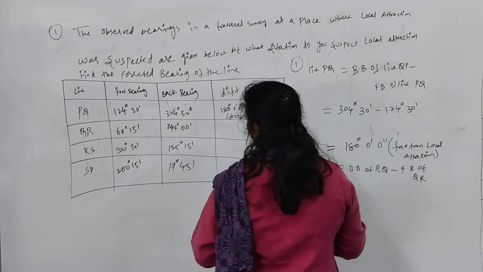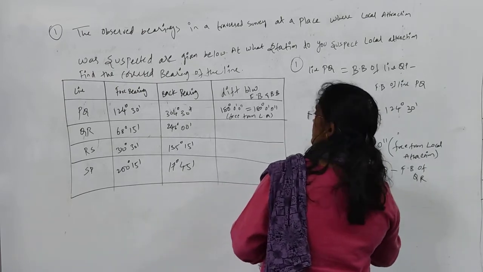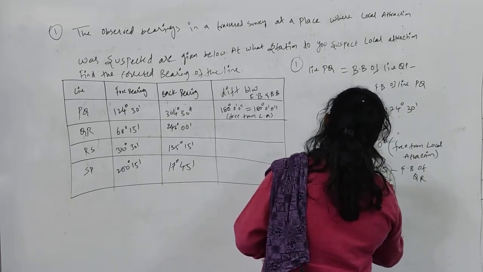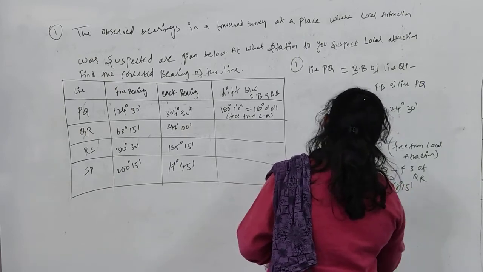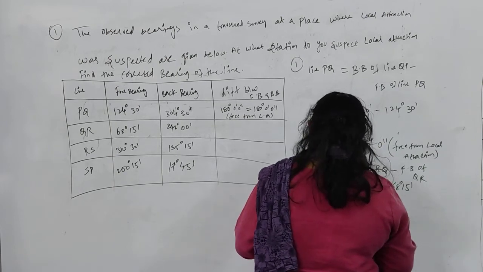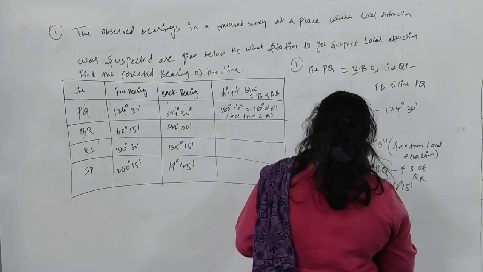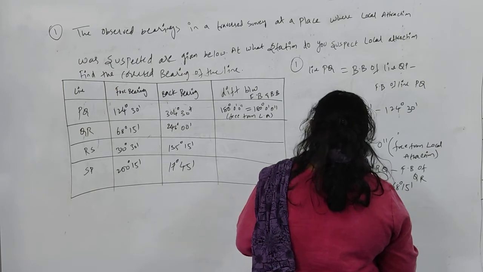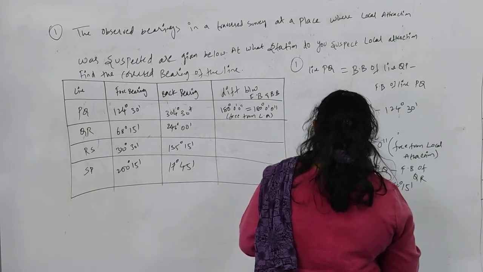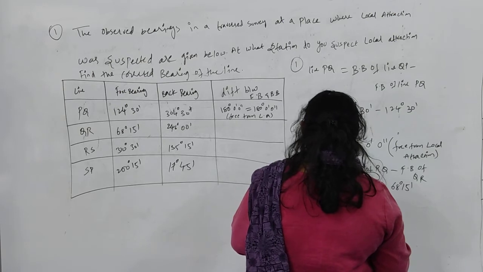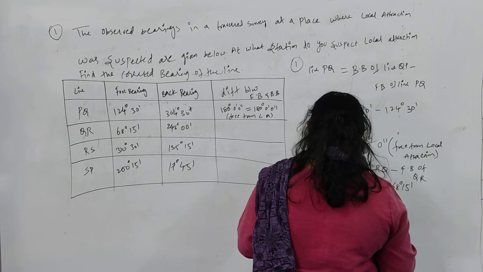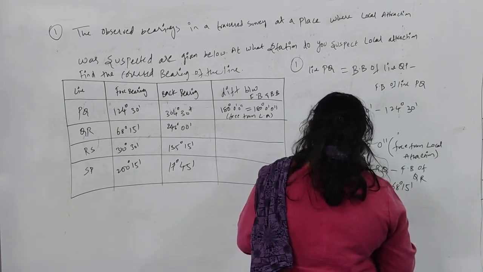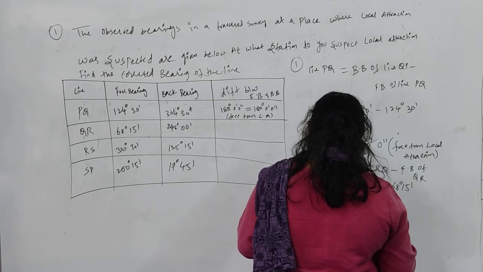So what is the value here? 246 degrees 00 minutes minus 68 degrees 15 minutes.